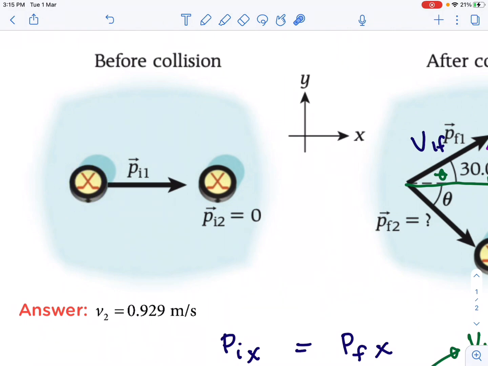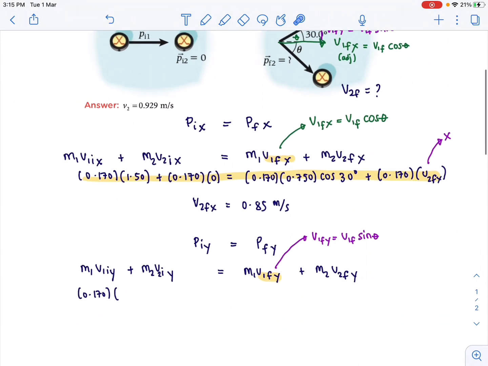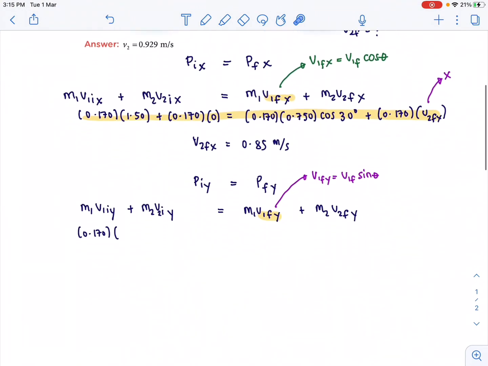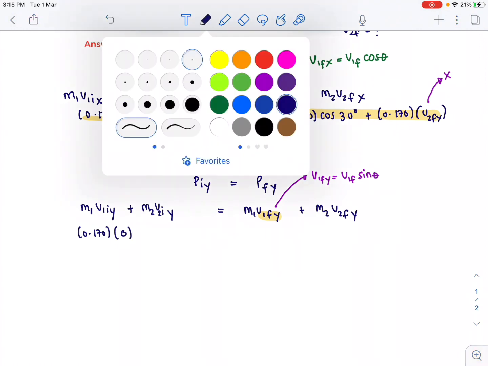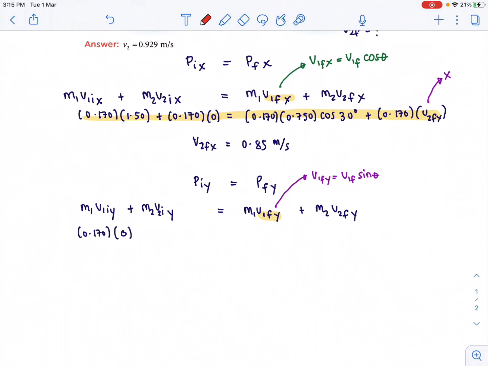Therefore V1 initial on the y-axis is going to be equal to 0. Why is it 0? Because the object is moving horizontally. It does not have a y component in its original velocity.